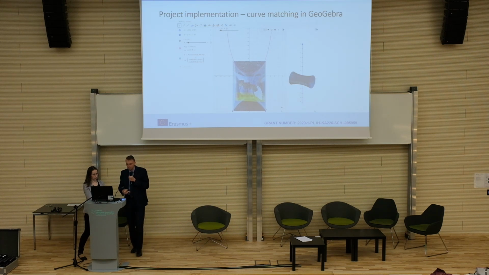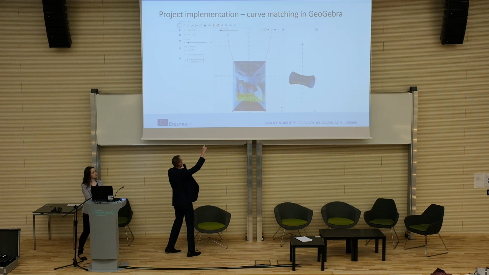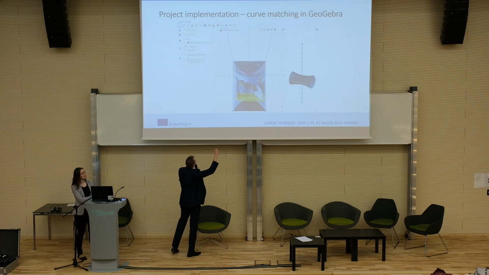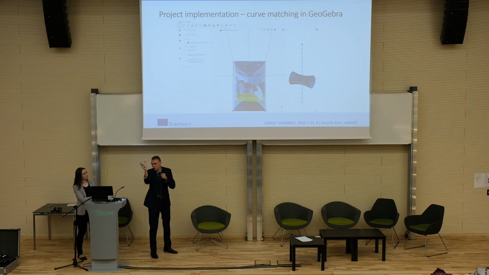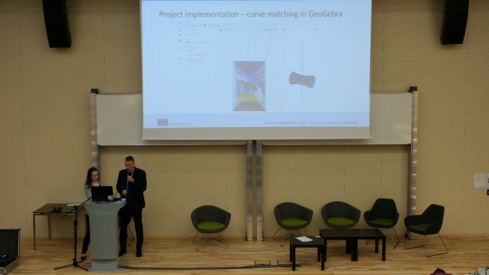So, in fact, we don't have intersection points presented here. I'm not sure if you can notice that, but between the catenoid and the cosh, there are small spaces on the left and on the right, so there are no intersection points in that example.